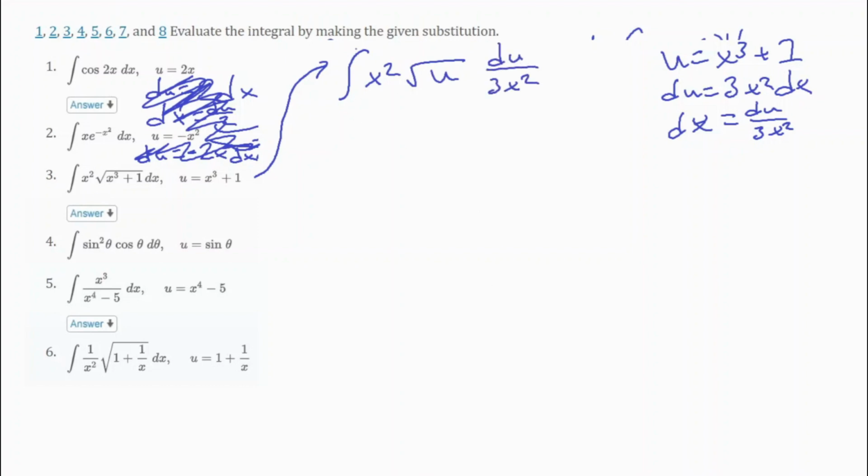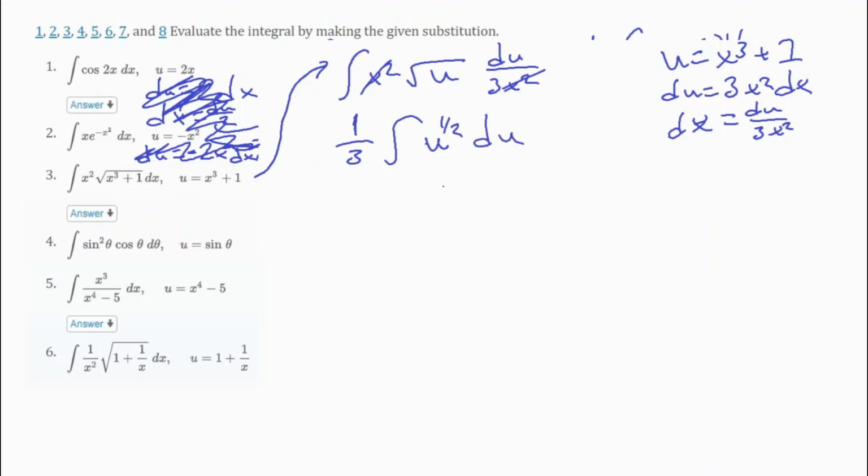And we can see that the x squared and the x squared in the denominator are going to cancel out, and we're left with 1 over 3. So now we can bring that to the outside because it's a constant. So if we rewrite, we're going to have 1 over 3 integral of square root of u du. Or rather, we can rewrite that as u to the 1/2 power du.